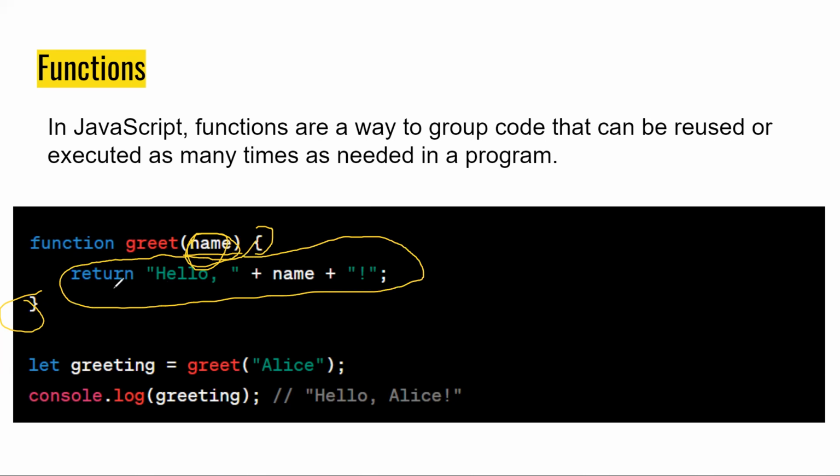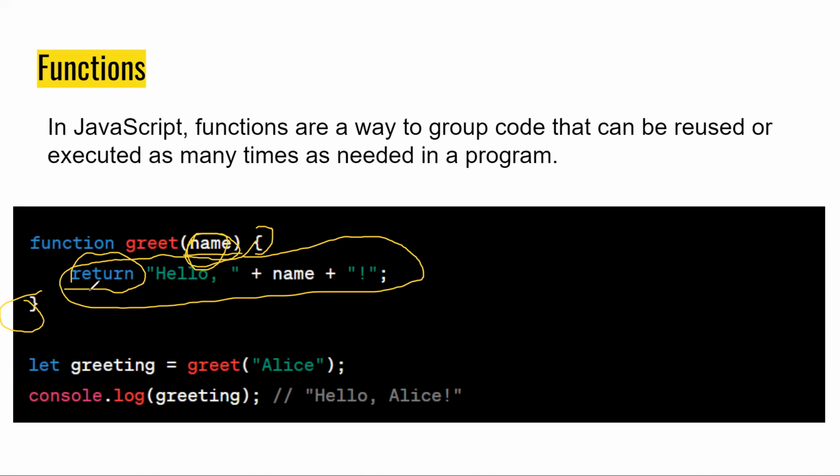Then there is another keyword called return. I'll go into my VS Code and show you the use of this return, and what happens when you do not use it. But basically, the return keyword is used to end the execution of a function and return a specific value.